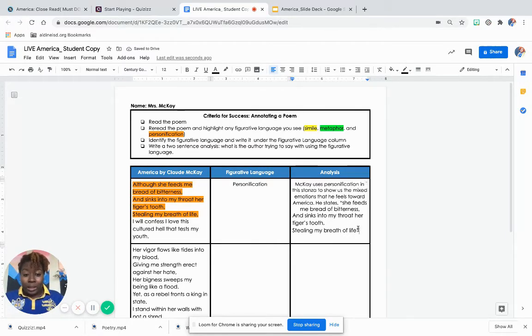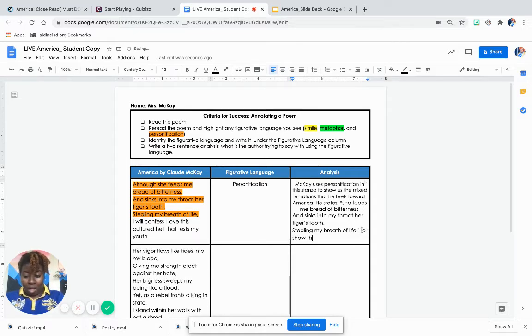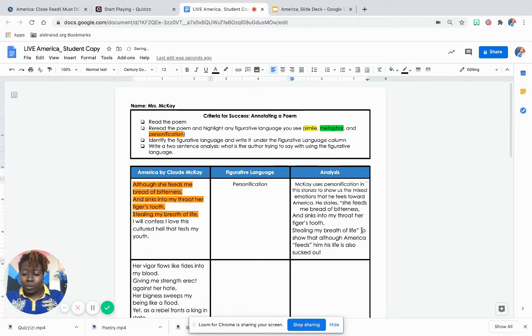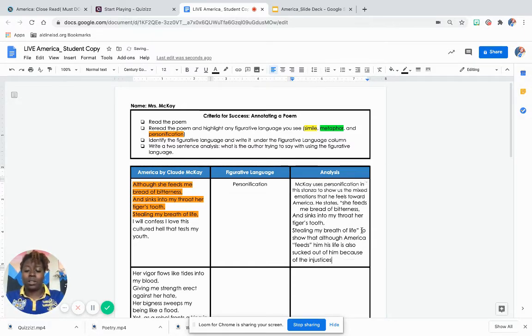So McKay states, "she feeds me bread of bitterness and sinks into my throat her tiger's tooth, still in my breath of life," to show that although America feeds him, his life is also sucked out of him because of the injustices he faces in America.